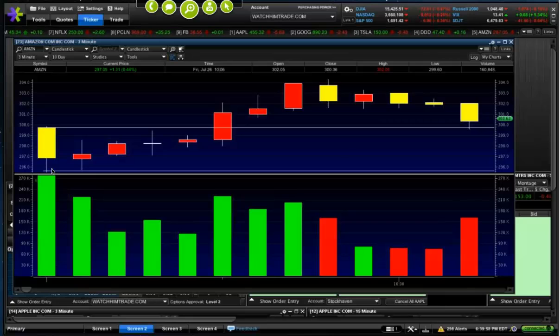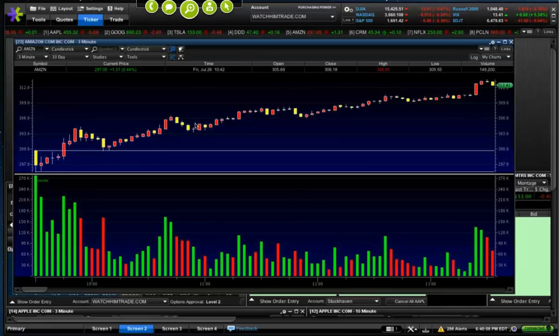Your low 299.60, right in line with that initial 3-minute high and opening price. Pulled back, you needed to hold support. It does just that, starts uptrending again, and this thing ended up making an amazing move from 300 all the way up to 313.